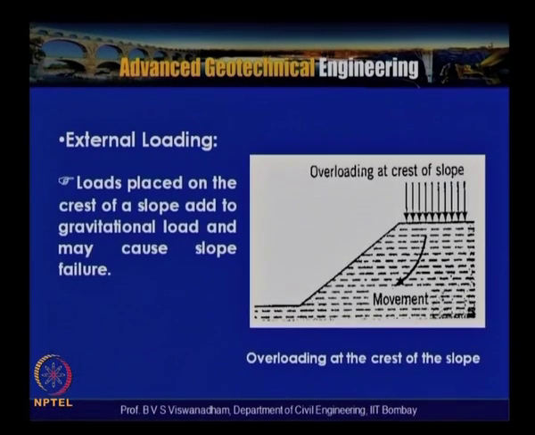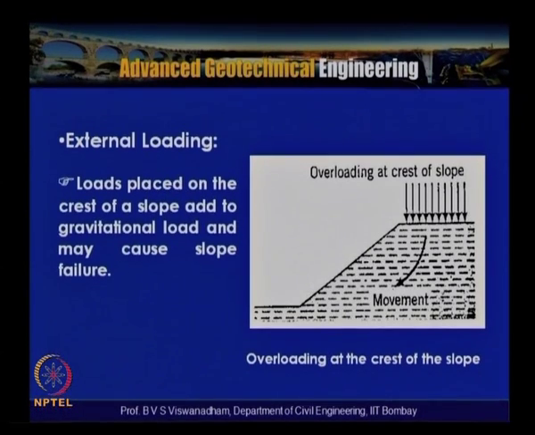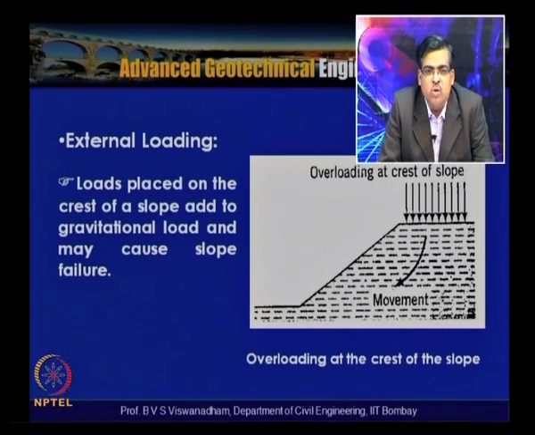Then another cause of slope failure is external loading. Suppose the slopes are loaded either in the form of soil heaps or in the form of a construction close to the crest of the slope, it can lead to instability. That means the loads placed on the crest of a slope add to the gravitational load and may cause slope failures.